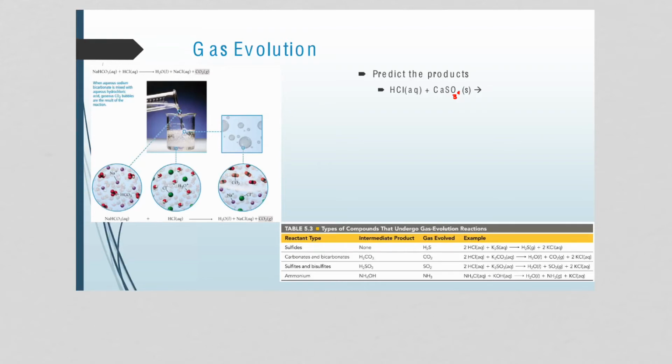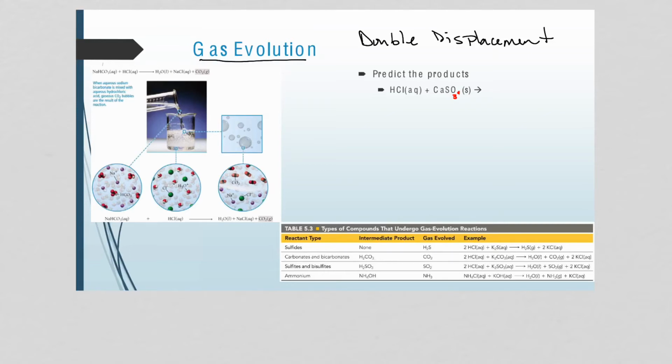Now I want to talk about a final type of aqueous reaction that also, again, follows the double displacement pattern that we've been talking about. And that is a gas evolution reaction.